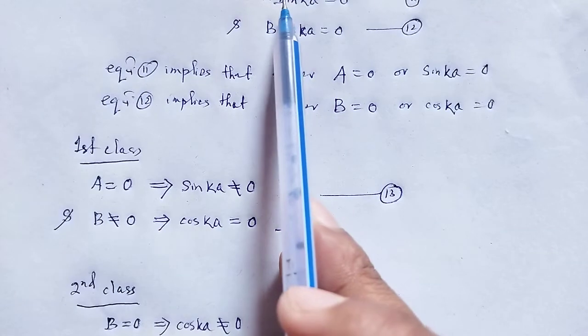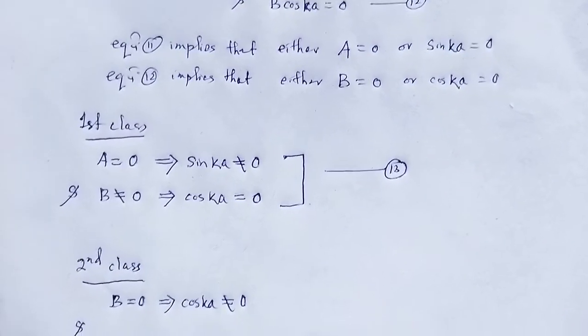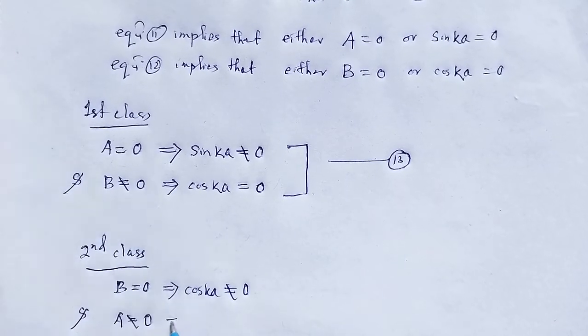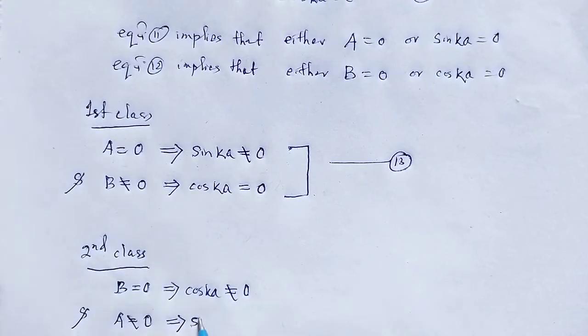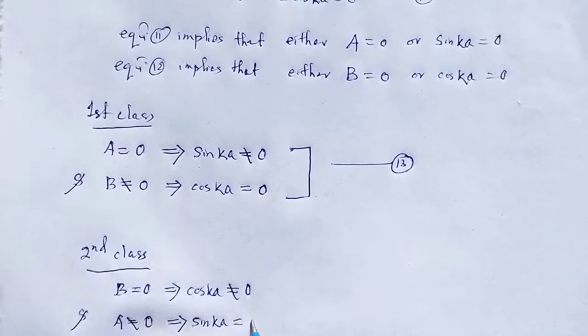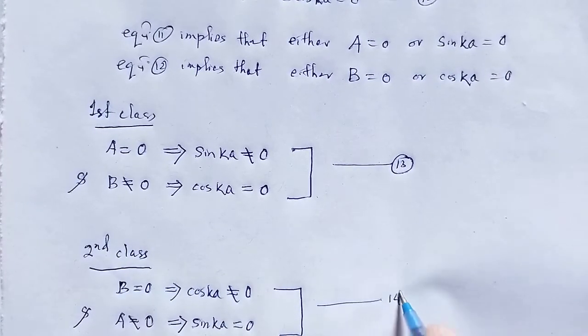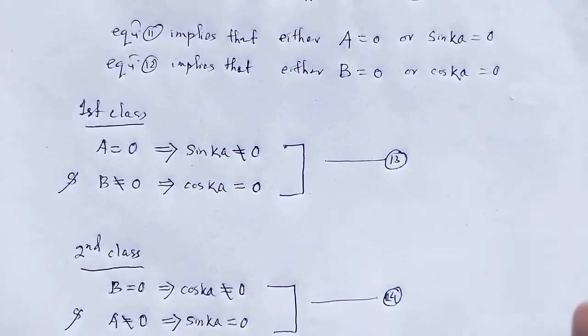When b is equal to 0, a is not equal to 0, which implies sin ka is equal to 0. That is equation number 14.